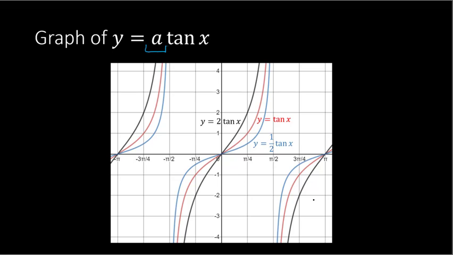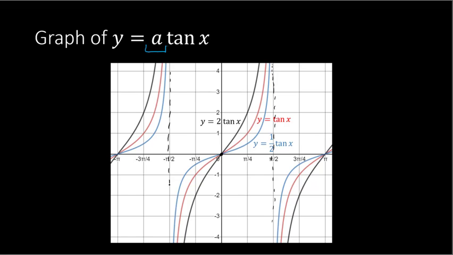What I want to point out here specifically is comparing the graphs. Notice that ignoring the far left and the far right, just this middle graph right here, they all go through the point 0, 0. That is worth noting. So the other question is how steeply is it rising? So in red we have tangent of x. Notice the asymptotes are at pi over 2 right here, and then at negative pi over 2.